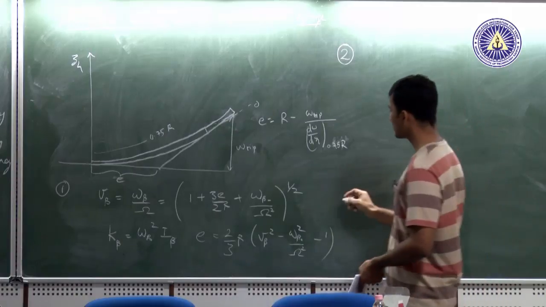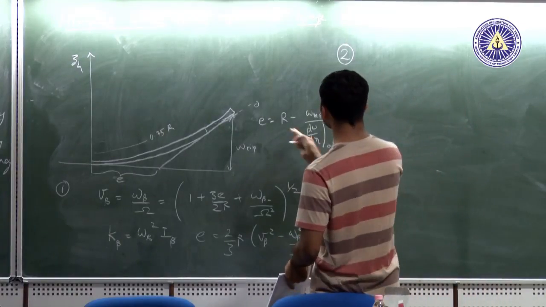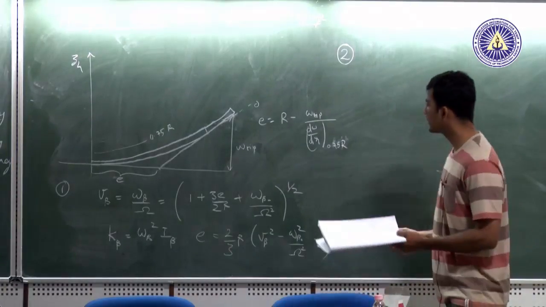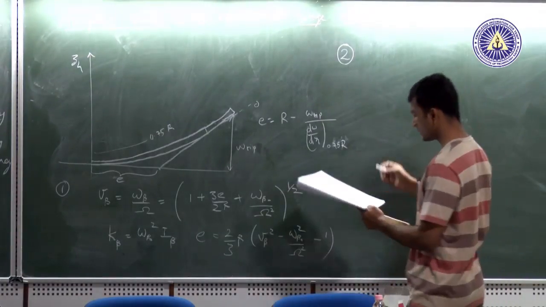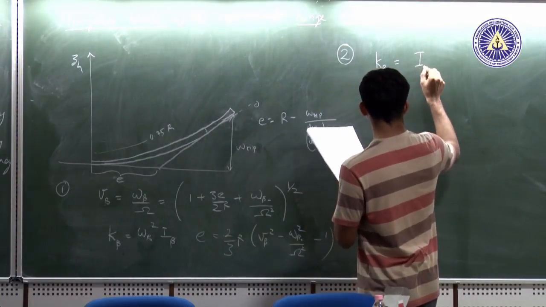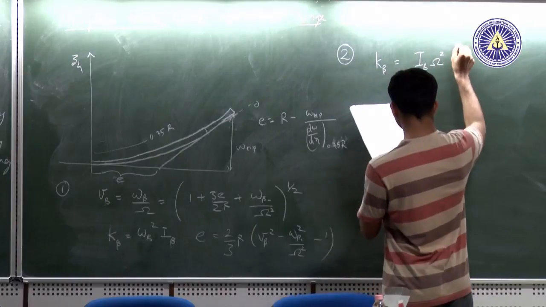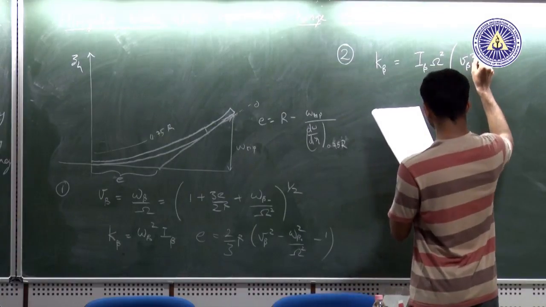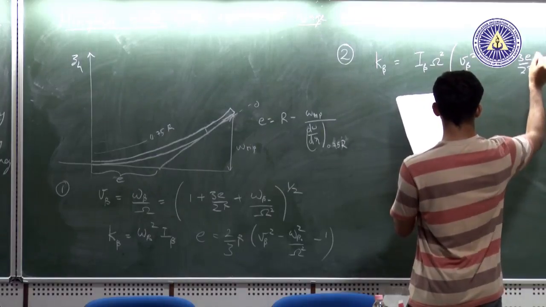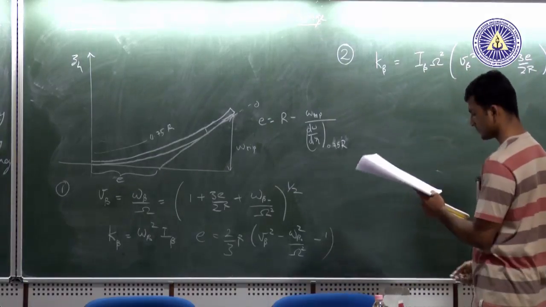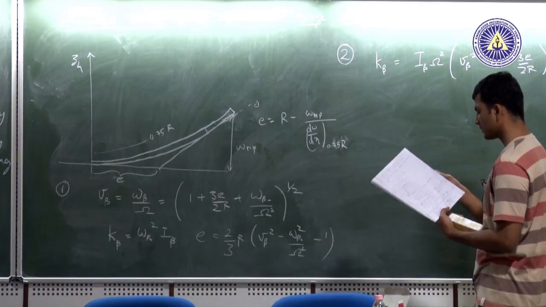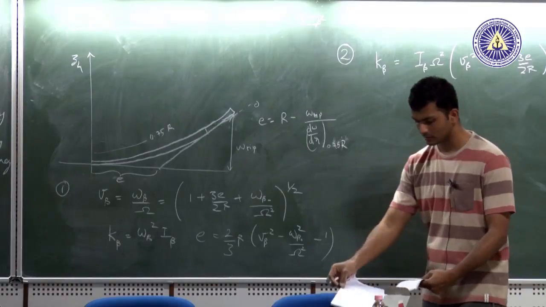And your k beta is obtained as, okay, I should have written it like here. I'm sorry about that. Now your k beta is given as I beta omega square, nu beta square minus 1, minus 3 by 2R. Okay. So this is the other way of obtaining these values.